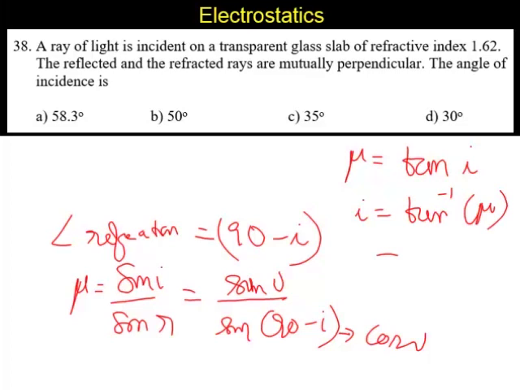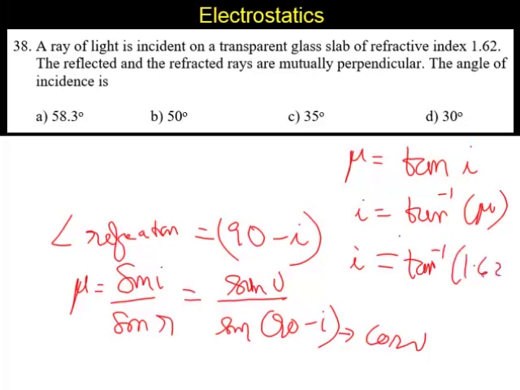What is mu? It is 1.62. So I is equal to tan inverse of 1.62.